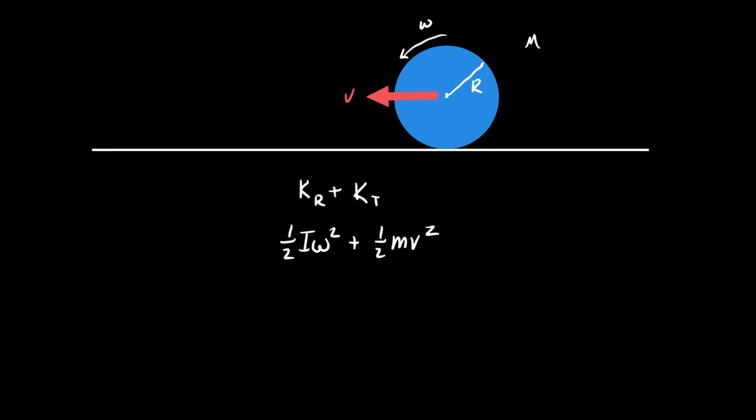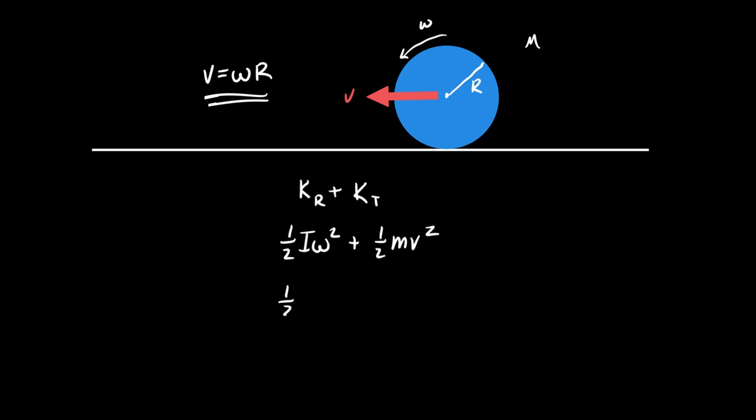Now, this is worth watching. Because it's rolling, we know that v equals omega r has to be true. The moment they say rolling without slipping, or even just rolling, if they don't say it's slipping, there's no indication that there'd be a reason for it to slip, then this condition has to be true.